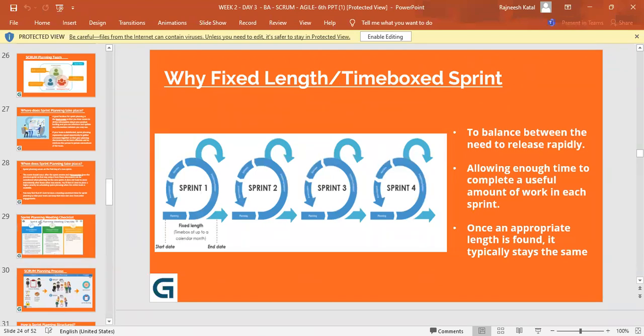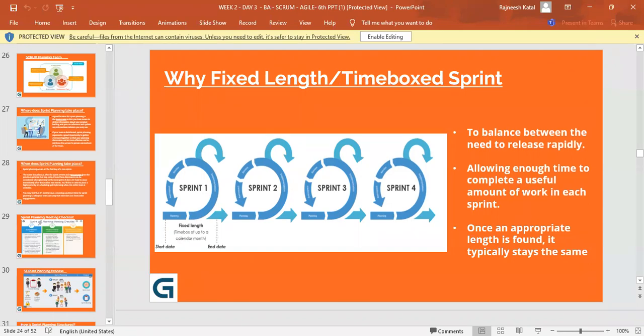Okay, so why a fixed length time-boxed sprint? I just shared that a sprint is always anywhere from 1 week to 4 weeks. Nobody asked me why, but let me tell you, we have to have a fixed duration for every sprint. We cannot have one sprint for 2 weeks, a second sprint for 6 weeks, and one sprint for 1 month.